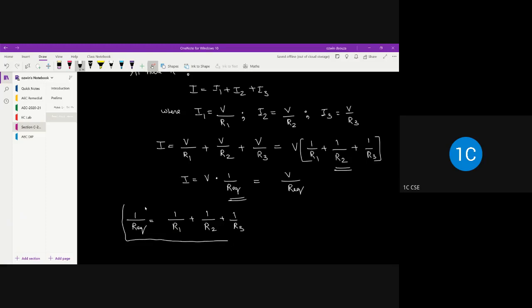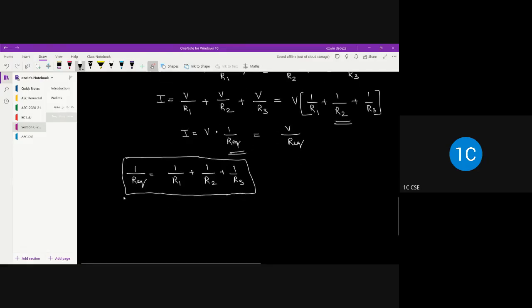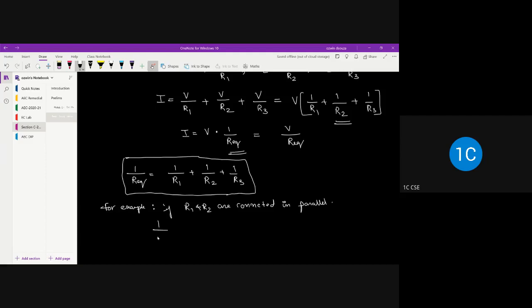So this is how we reduce the parallel combination. When multiple resistors are connected in parallel, you can use this particular formula. For example, if R1 and R2 are connected in parallel, you would write 1 by R equivalent as 1 by R1 plus 1 by R2, which is basically R1 plus R2 over R1 R2.